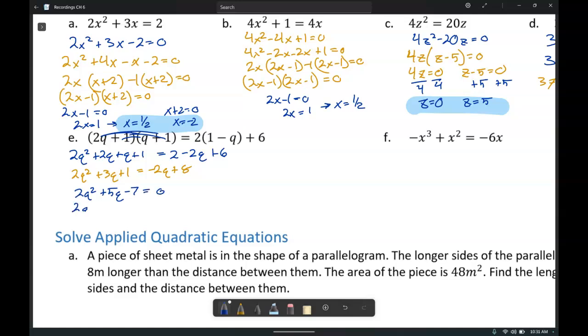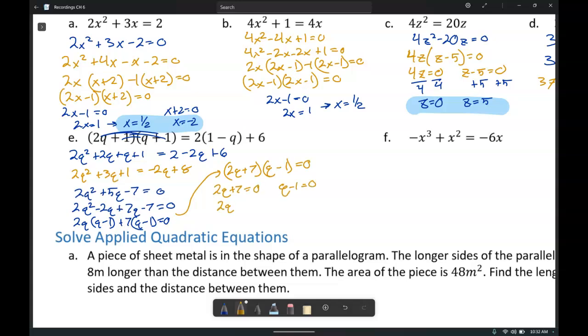We'll factor it. Set both factors equal to 0. And there's our solutions.